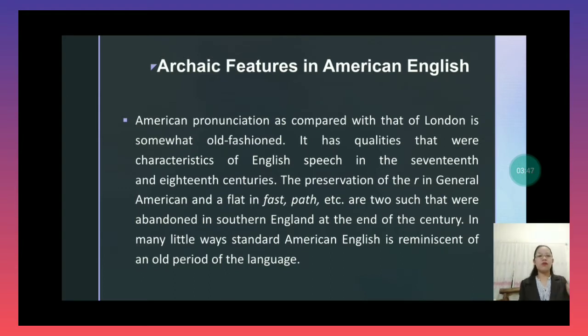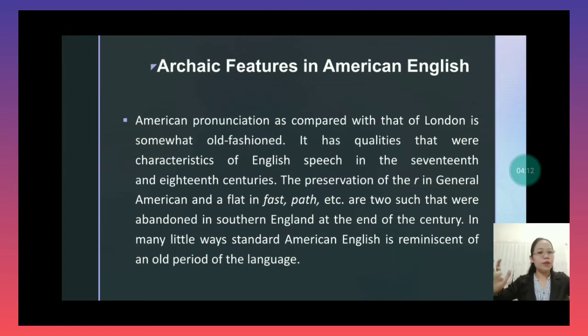The preservation of the R in general American and the flat a in fast, path, etc. are two such features that were abandoned in southern England at the end of the century. In many little ways, standard American English is a remnant of the old period of the language. So it is very self-explanatory.